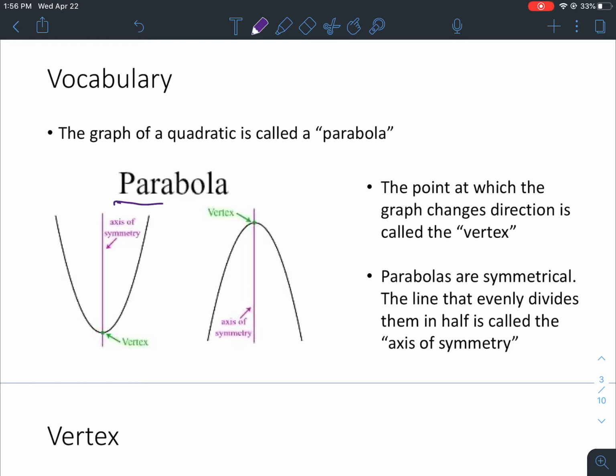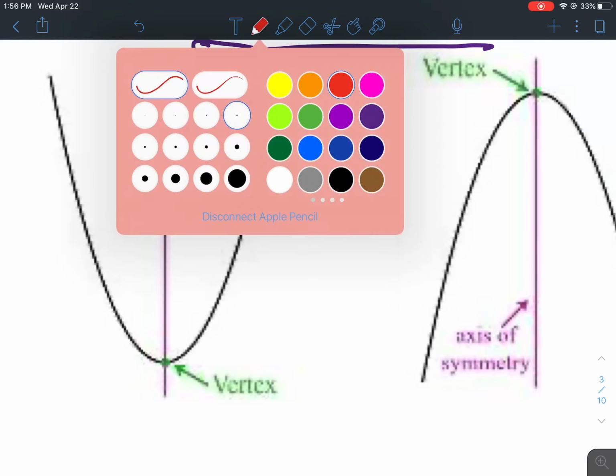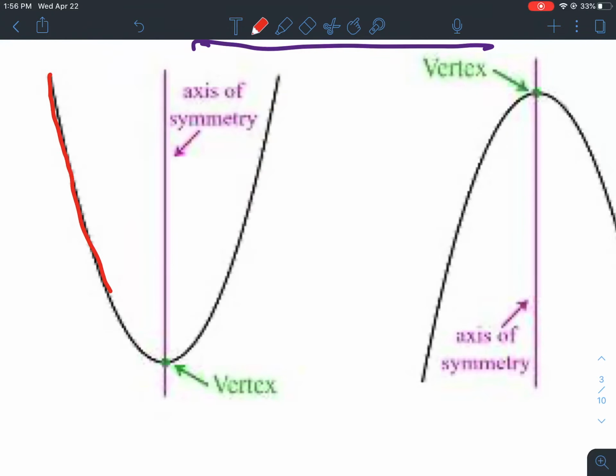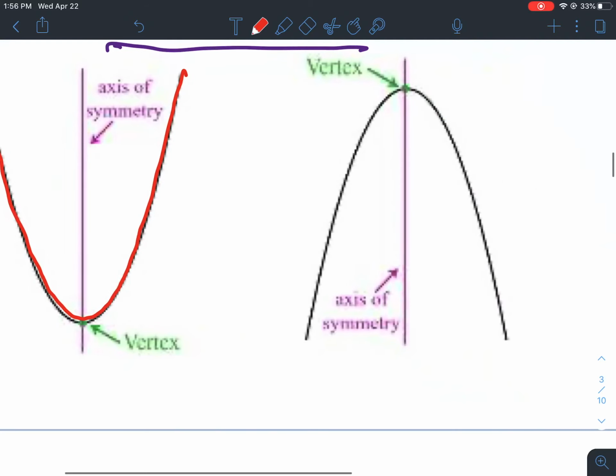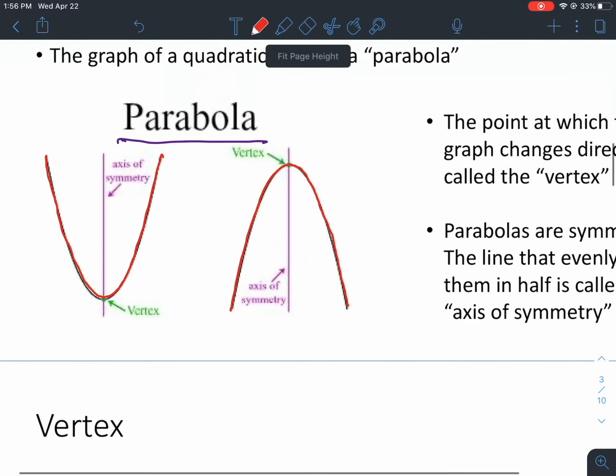Okay, we could see that word there, a parabola. And it's kind of just basically this U shape, okay, where it can be going down, back to up. That's a parabola. Or it can be starting by going up and then come back down. Okay, so that's what a parabola looks like.